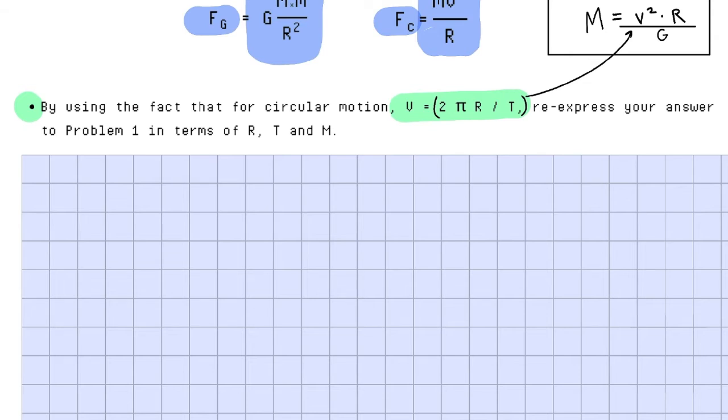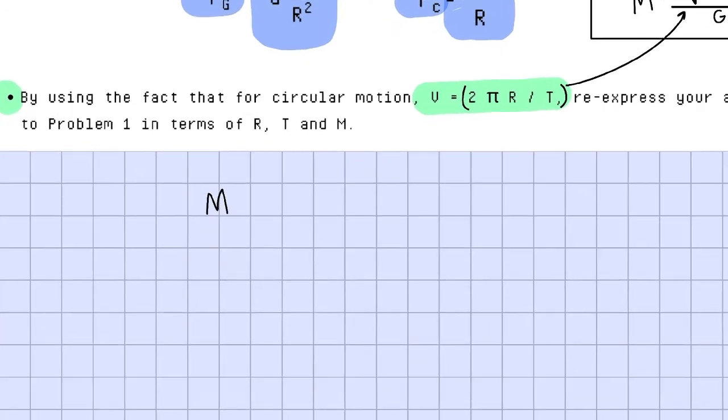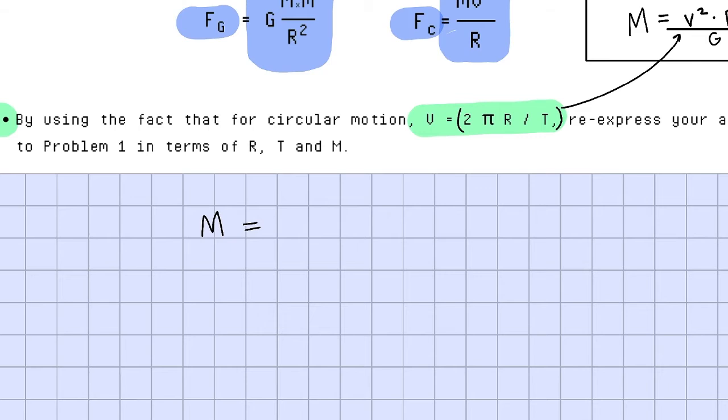So that looks like M is equal to v squared. So now I'm going to substitute this right here. So 2 pi r over T, and that whole thing is going to be squared.